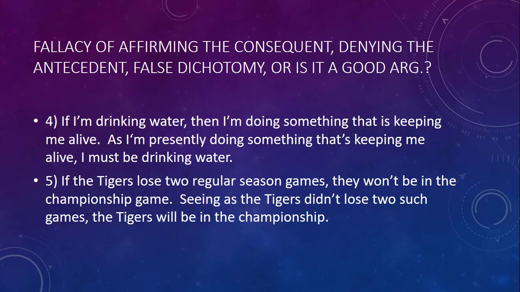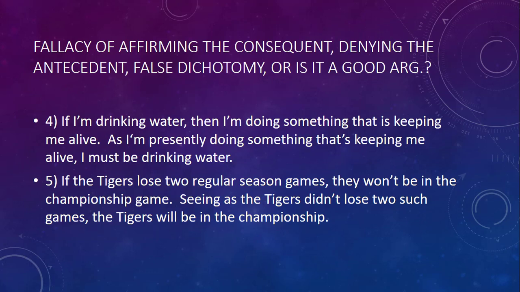Well, what we have here in the beginning is a conditional statement. If the Tigers lose 2 regular season games, here's the consequent, they will not be in the championship game. The next premise says that seeing as the Tigers didn't lose 2 of such games, in other words, the antecedent is denied. It's saying that the antecedent is false.